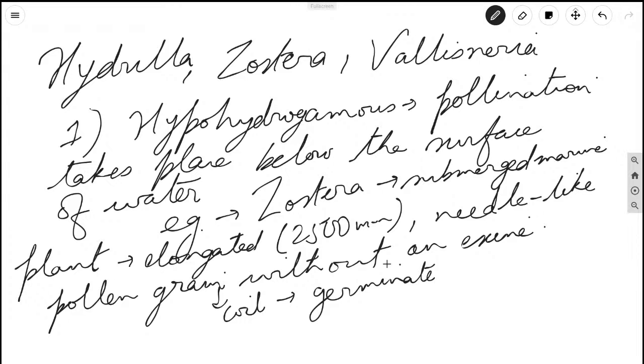So when we compare specific gravity, what do we do? That is the density of specific gravity.